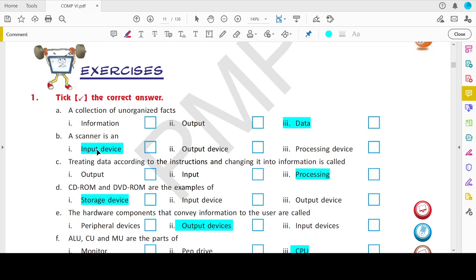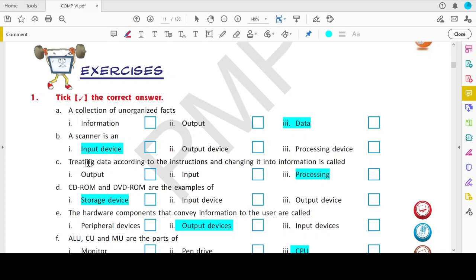So because of this input device, that is the scanner, it is possible to get this output. So a scanner is an input device that helps us to get the soft copy or the digital copy of documents, right?